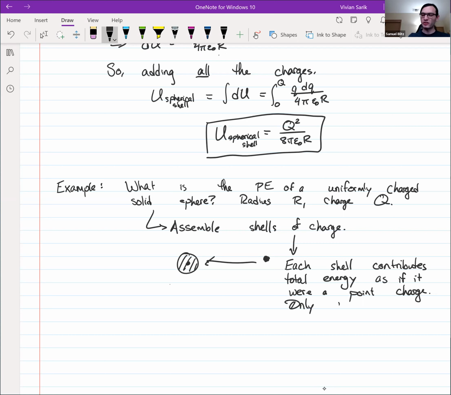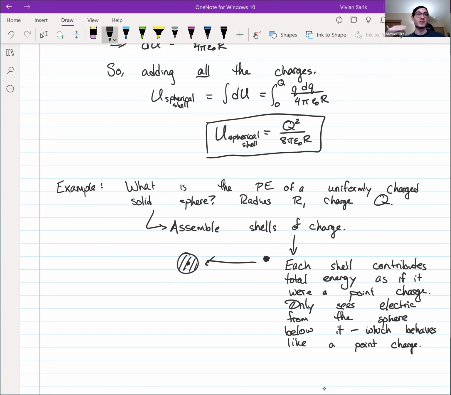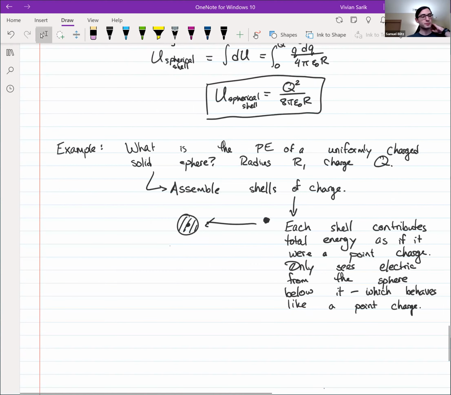So it only sees electric field from the partially assembled sphere below it, and that behaves like a point charge. We're using a lot of this behaves-like-a-point-charge business, because these problems get hard unless you have a lot of symmetry, which point charges and spheres do.